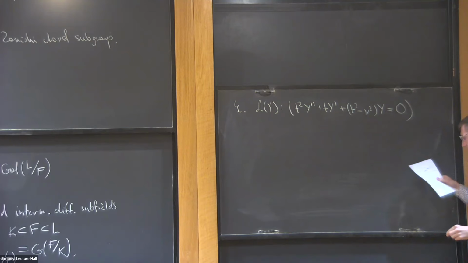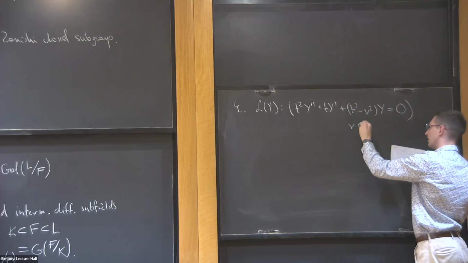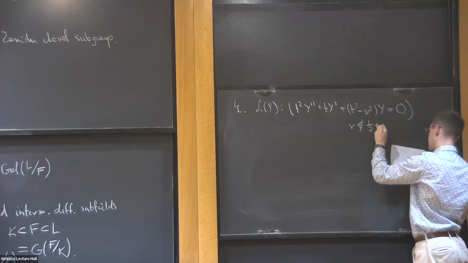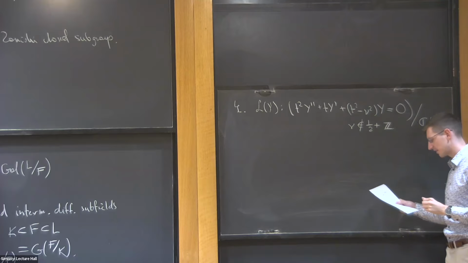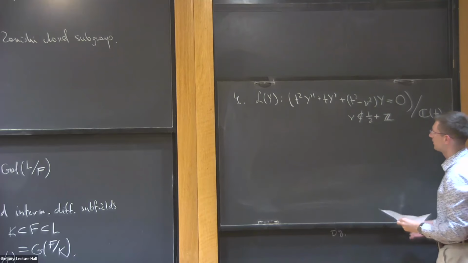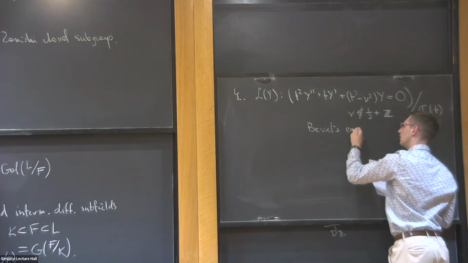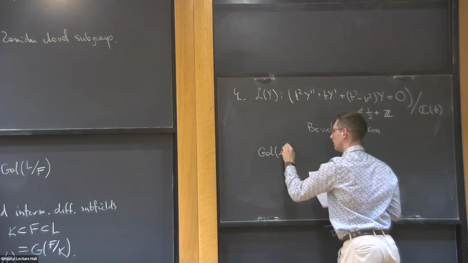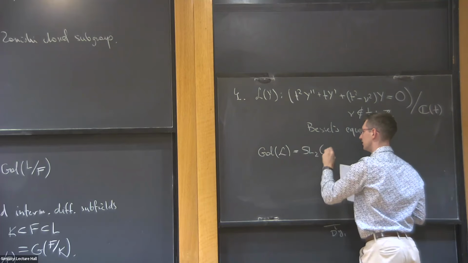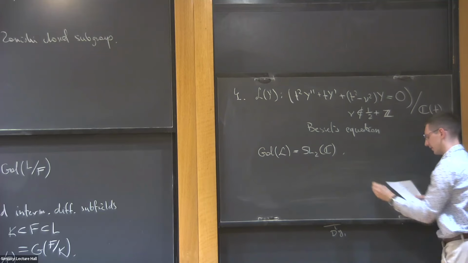So if you look at this equation, where n is a real number that doesn't belong to 1/2 plus integers, and you look at this over this differential field, then this is Bessel's equation, and here the Galois group is actually SL_2(C). I think this is Kolchin.